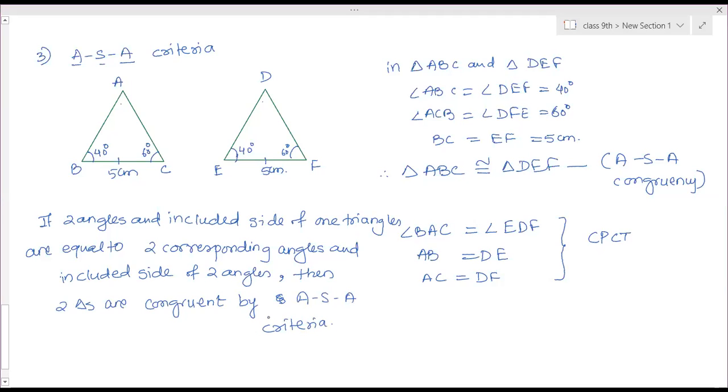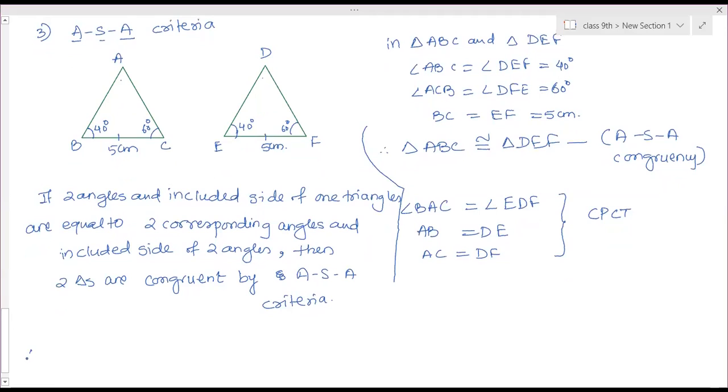Is this clear? Yes, ma'am. All these criteria were in 7th.